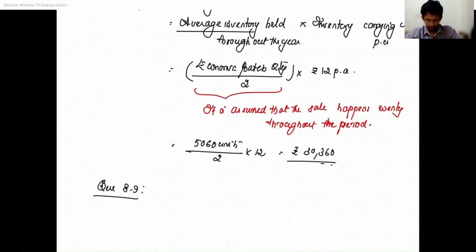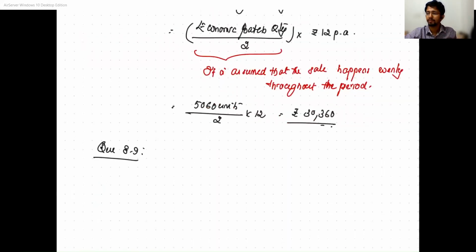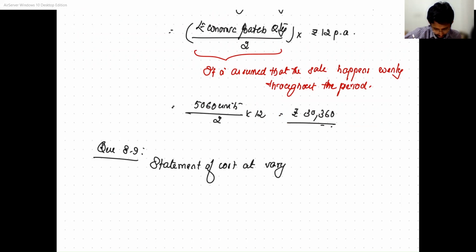Okay, so question number 8.9. First, what you have to do is see the total cost at each of these production levels. So, statement of cost at varying batch sizes.